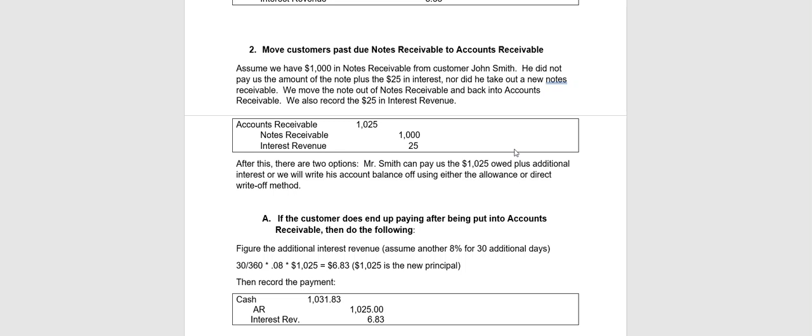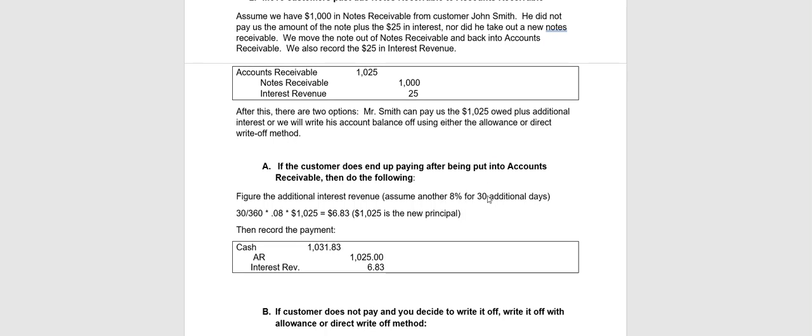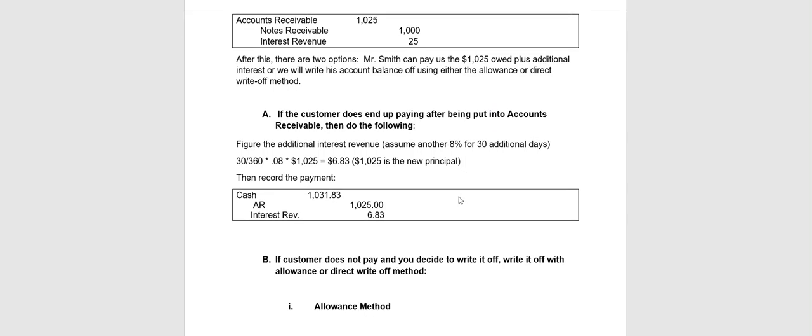Now, once we move it back into accounts receivable, one of two things can happen. Joe can pay it, and since it was once a notes receivable, we can charge additional interest on the accounts receivable, but that's only because it was once a note. Or we'll use the direct write-off method or allowance method to write off that accounts receivable. Let's assume that he does end up paying that, and he pays it 30 days later, and we're going to charge him another 8% interest.